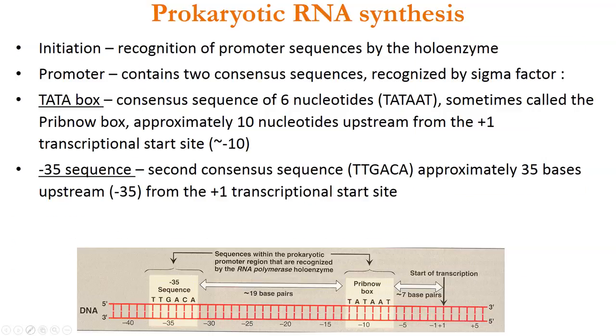So to initiate RNA synthesis, by the way, when we're talking about the models that we're using right now, we're really talking about messenger RNA synthesis. So some of the core promoter regions and stuff we're talking about are for messenger RNA. You do transcribe ribosomal RNAs and transfer RNAs, and we'll talk a little bit about those, but the promoters are going to be different, and we're not going to talk about those.